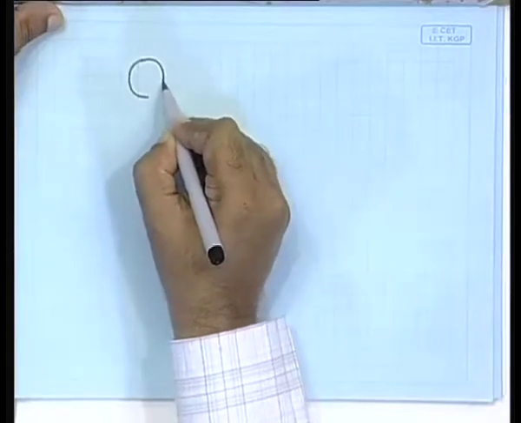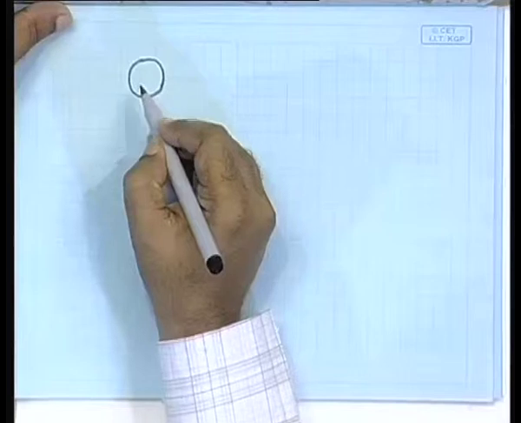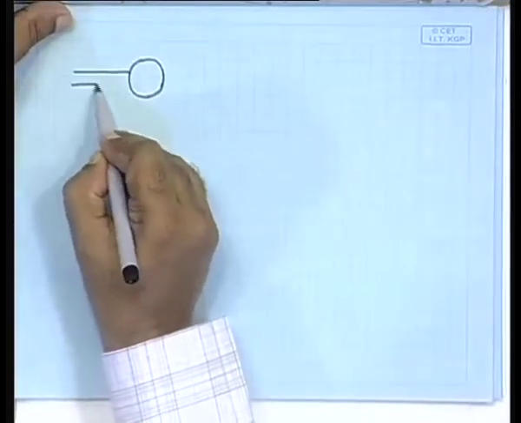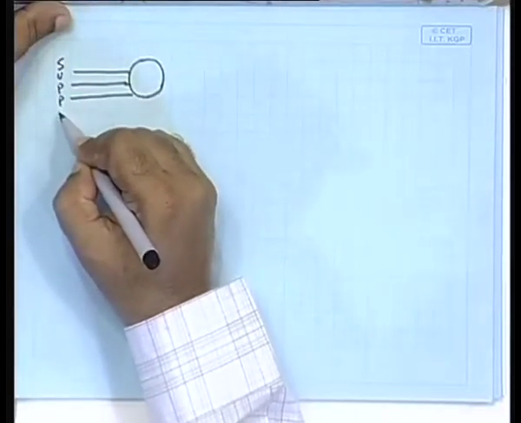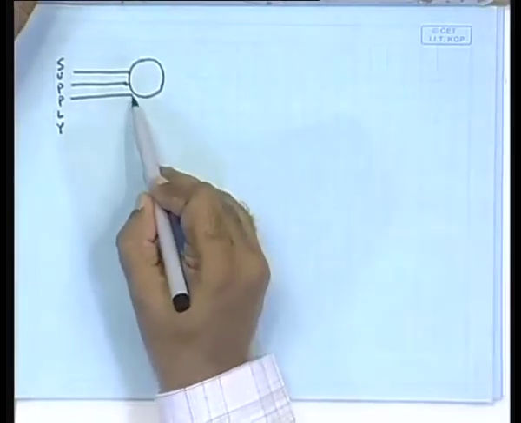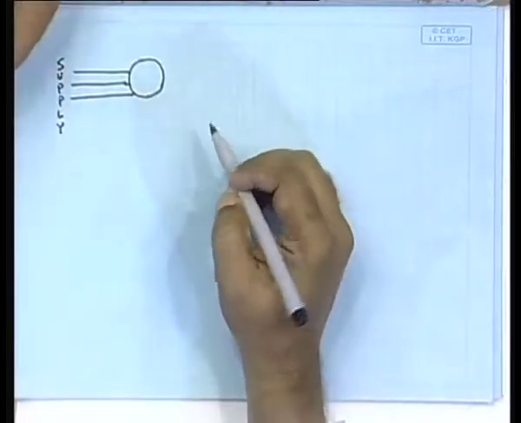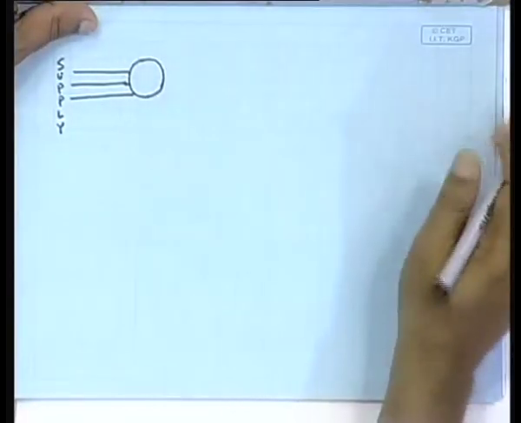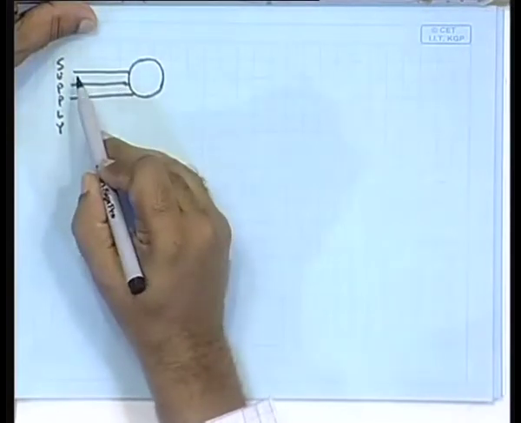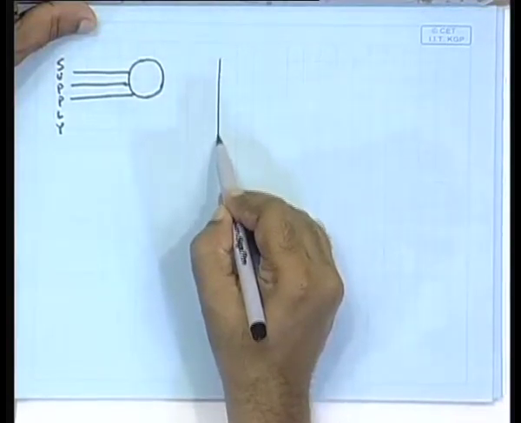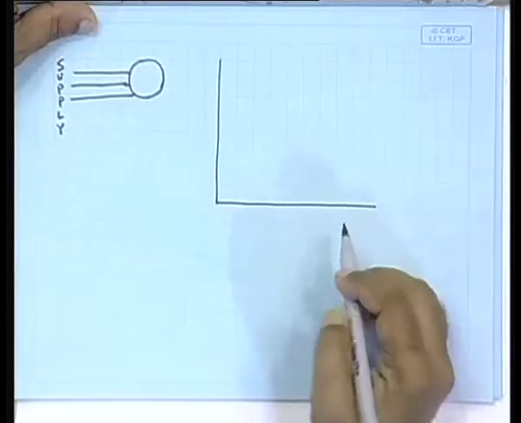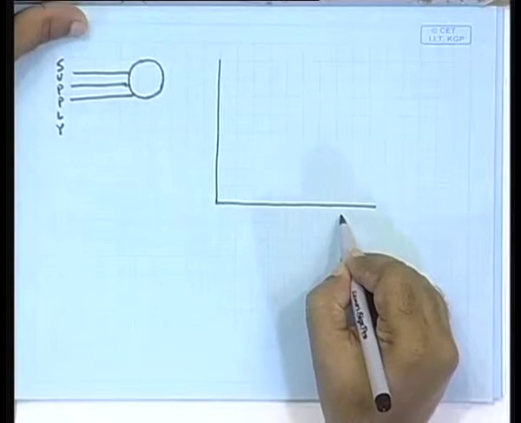Suppose you have taken the machine separately, and I am drawing the machine schematically just as a circle, and you have supplied it from a 3-phase source on the supply side, as a motor, not as a generator, and run it free in the no load condition.